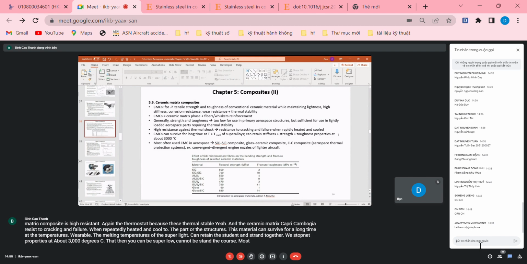The ceramic matrix composite is mostly used in aerospace, for example, the silicon carbide composite, glass ceramic composite, carbon composite.